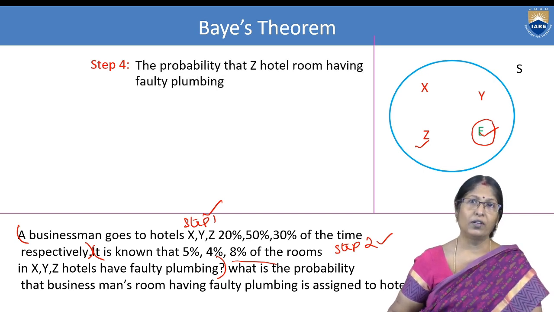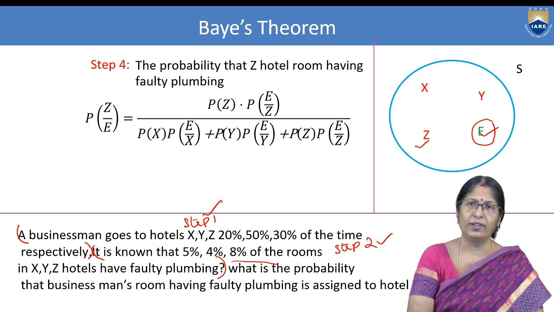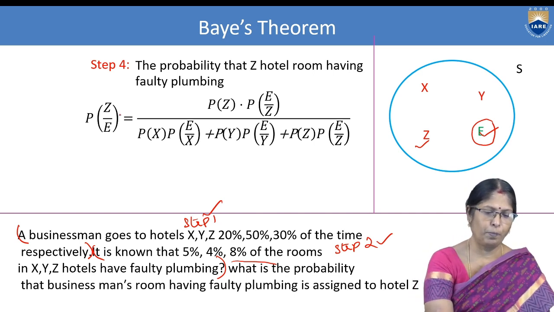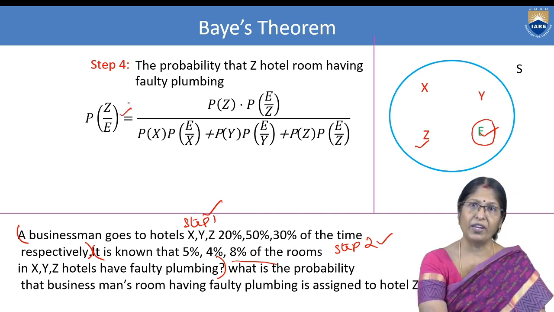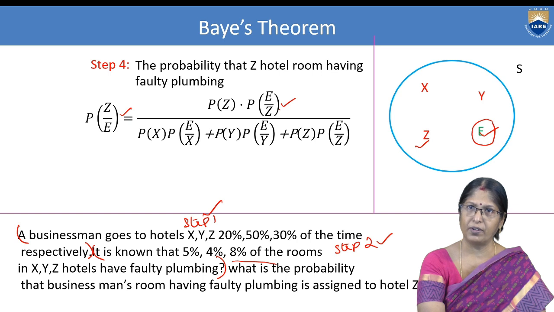So the probability that a Z hotel room has faulty plumbing. This is the base formula: P of Z given E is equal to P of E given Z into P of Z, clear?